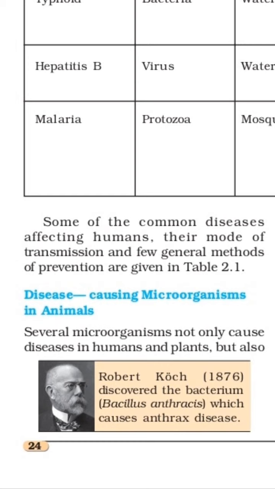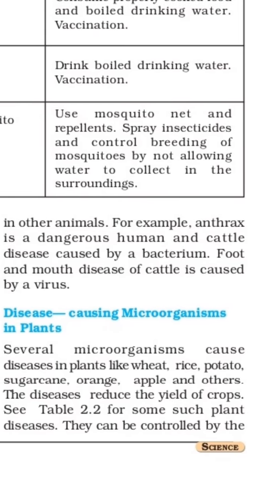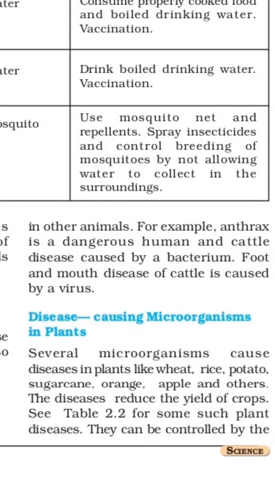Now in this point we will see how microorganisms are harmful for animals also. For example, anthrax is a dangerous human and cattle disease. It can affect humans as well as cattle.